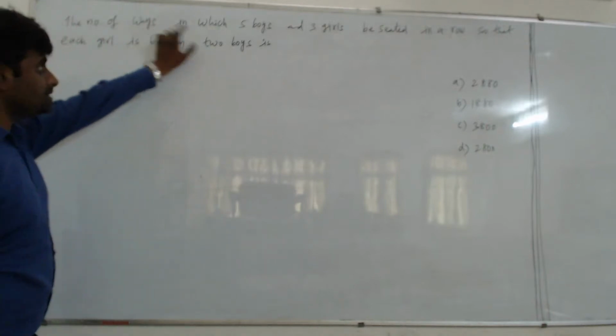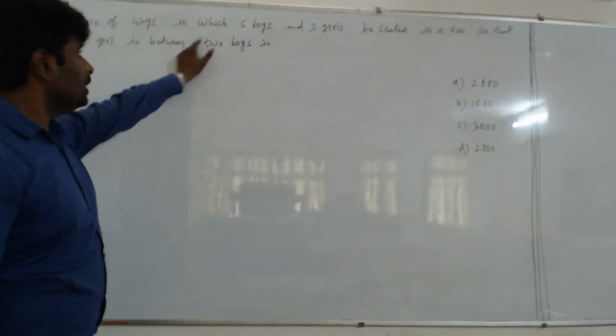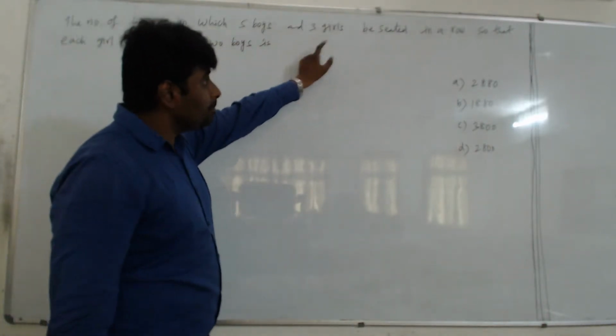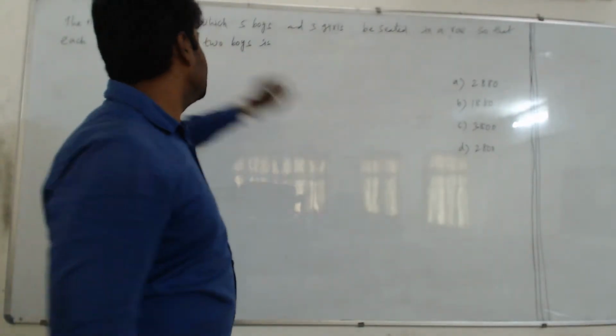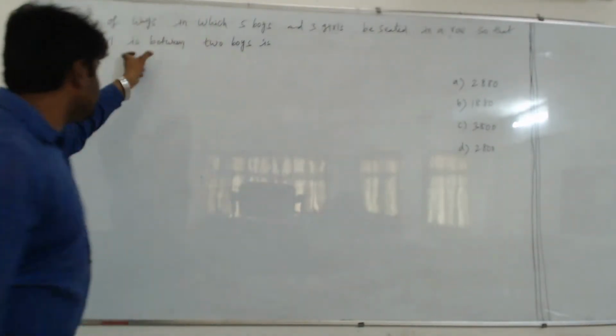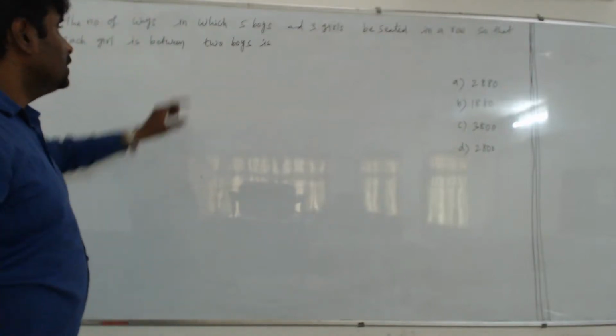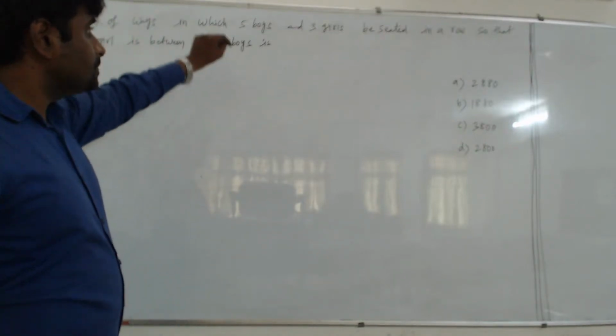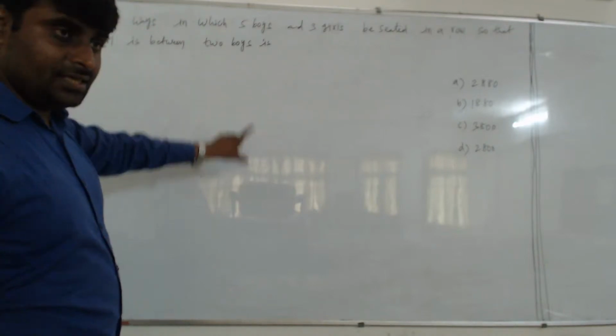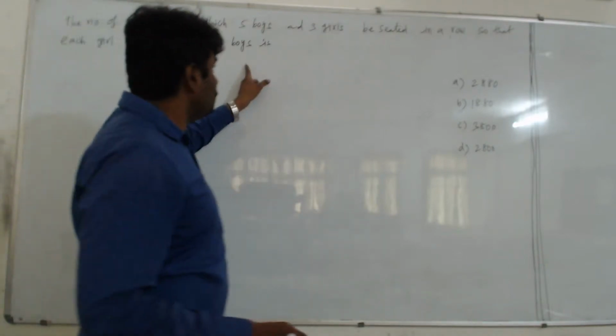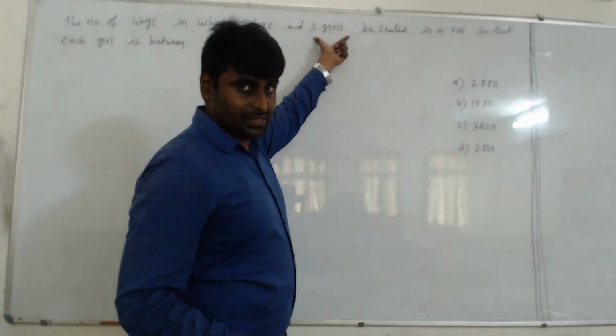The number of ways in which five boys and three girls can be seated in a row so that each girl is between two boys. It's very simple. We need to arrange the boys first. In those gaps, we are going to arrange the given number of girls.